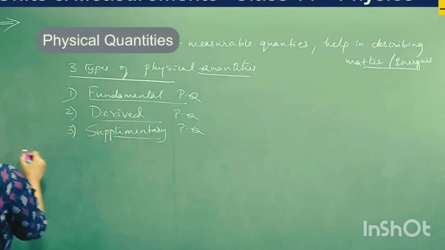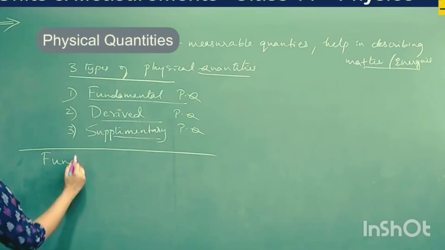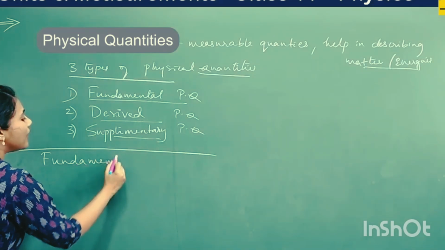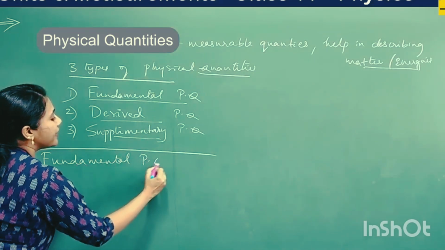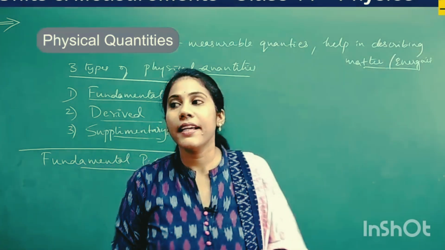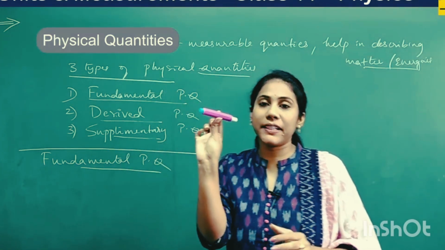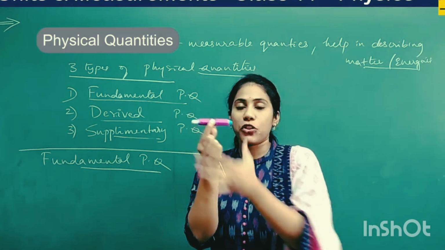I will go with the fundamental physical quantities. What do you mean by fundamental physical quantities? They are the basic physical quantities. For example, I want to describe this particular chalk piece or chalk pencil.